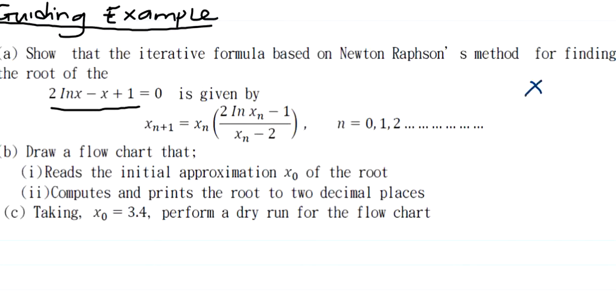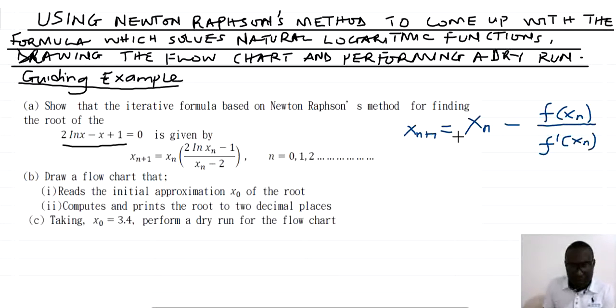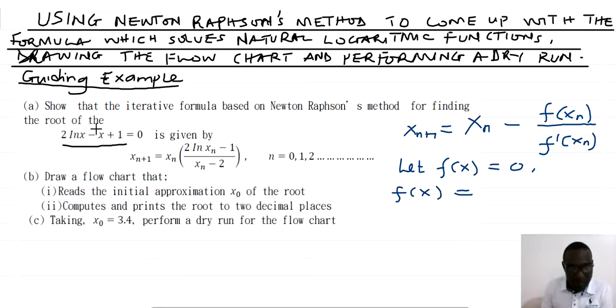You know that Newton-Raphson's formula: xn plus 1 is equal to xn minus f(xn) divided by f derivative of xn. Now, it is our task to find f(xn) and f derivative of xn. So we shall have to select f(x) to be equal to 0 such that f(x) is equal to this function here because it is also equal to 0.